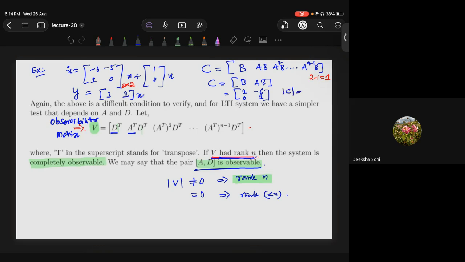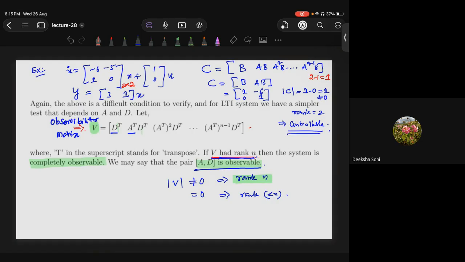The det of C will be 1 minus 0, that is 1, which is not equal to 0. Hence the rank is 2, and the system is controllable. Am I correct?